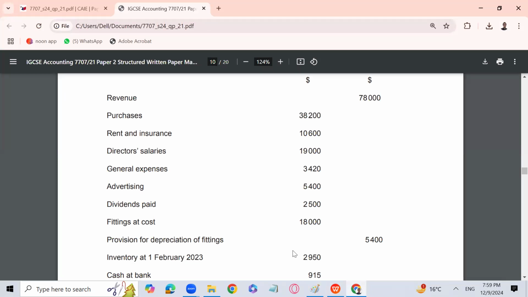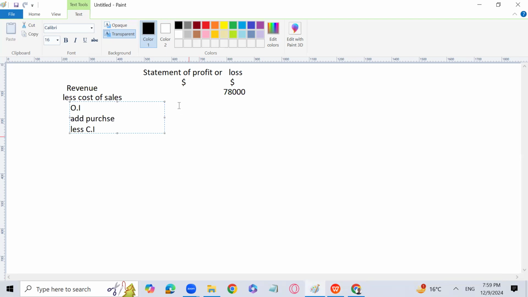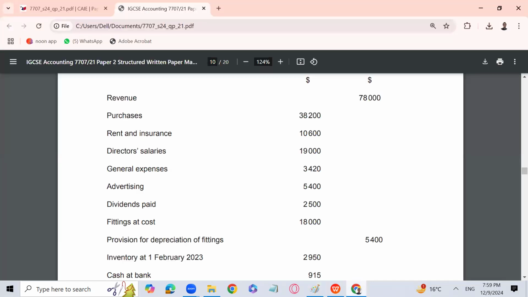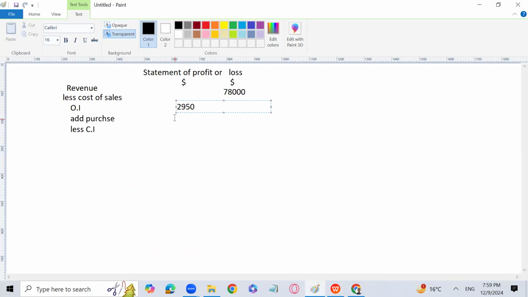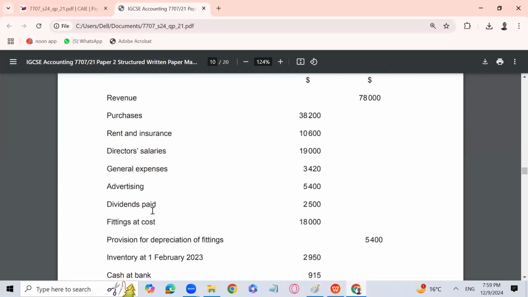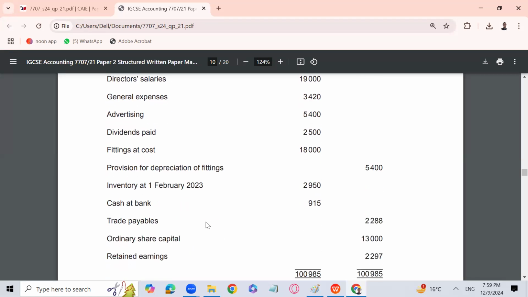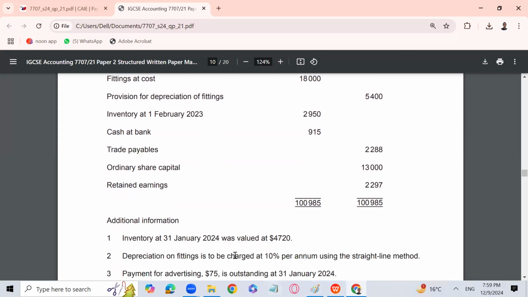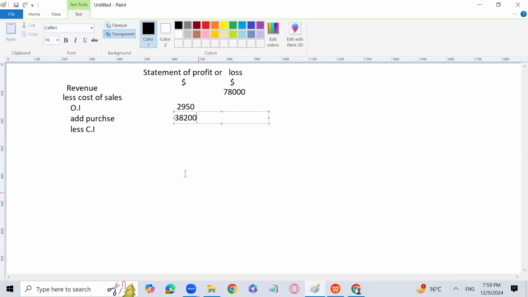Purchases are 38200. We have to subtract purchases return from purchases if given, but there is no purchase return in the question, and we add carriage inward if given, but no carriage inward is given. So I'll subtract closing inventory, which is given under the trial balance, 4720.